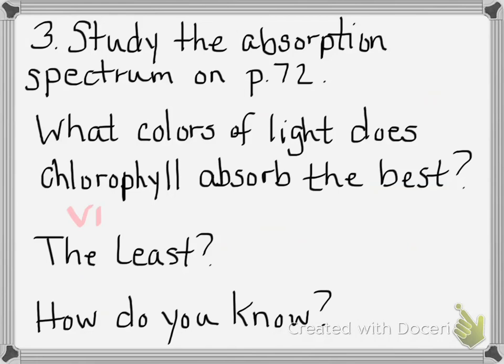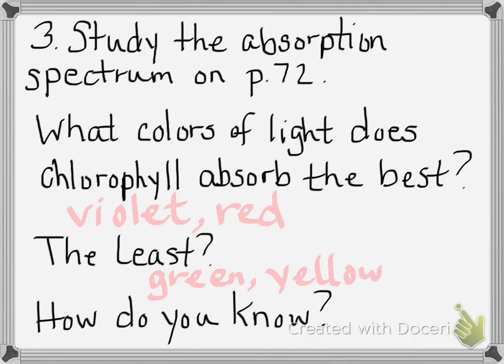Okay, violet, also known as purple. Anything else that you want to mention? Red is very nice also. Big peak in red. What color or colors of light does chlorophyll A absorb the least? Green, and on into the yellow. If you want to mention yellow, it got pretty low in the yellow there.